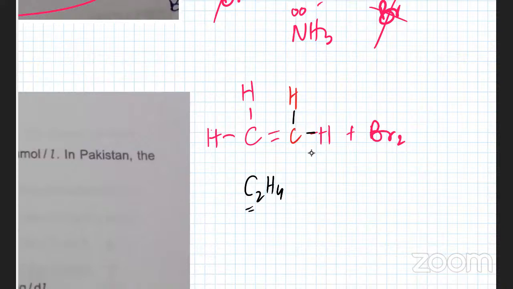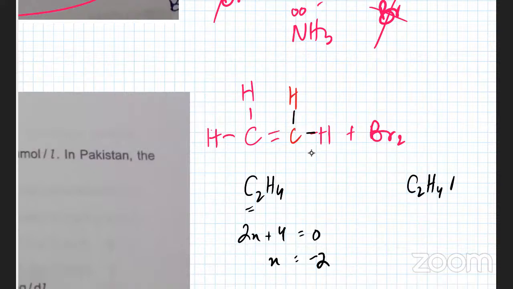What's the oxidation state of carbon at the moment? That's 2x plus 4H, and the whole thing is 0. So x would come out to be minus 4 divided by 2, right? So right now it's -2. Then the 2 bromines get added to it, C2H4Br2, right? So the carbons are again 2x. The hydrogens are +1 into 4, so that's +4, and the 2 bromines are -1 into 2.